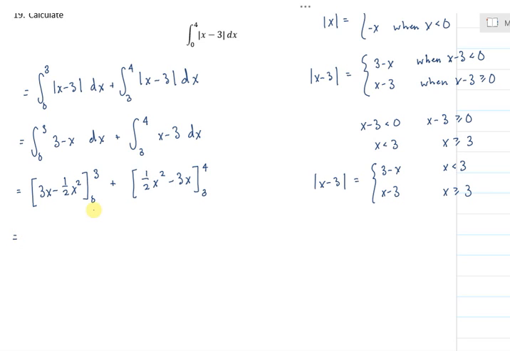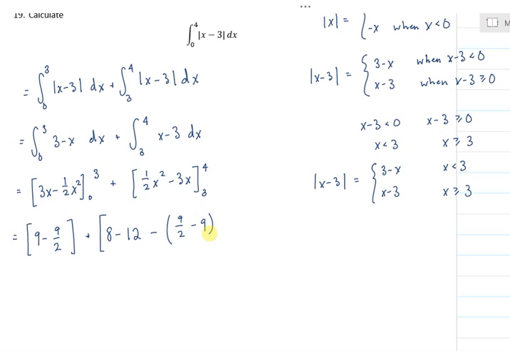My zeros are turning into some weird letter here. Okay, so this left one is 3 times 3, that's 9. Minus 1/2 times 3 squared is 9 halves. When I plug 0 in, I'm going to get 0, so I'm leaving that alone. 1/2 times 4 squared. 4 squared is 16, so 1/2 is 8. Minus 3 times 4 is 12. Minus, now I've got to put in 3. I've got 9 halves again.